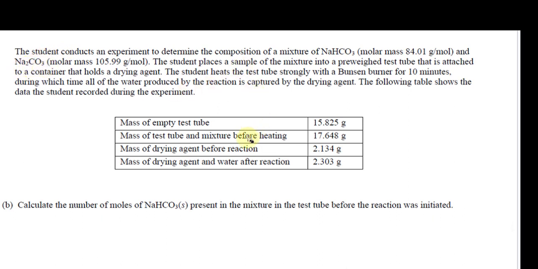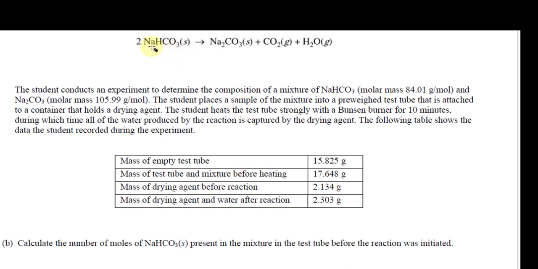Now remember, at the beginning of the problem, we were talking about a reaction where NaHCO3, baking soda, sodium hydrogen carbonate, decomposes into our washing soda, sodium carbonate, carbon dioxide, and water. So we've got a mixture of the baking soda and carbonate.